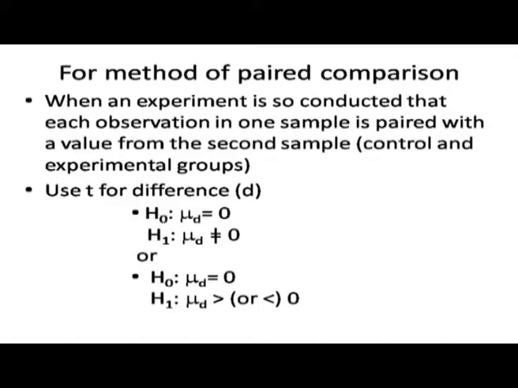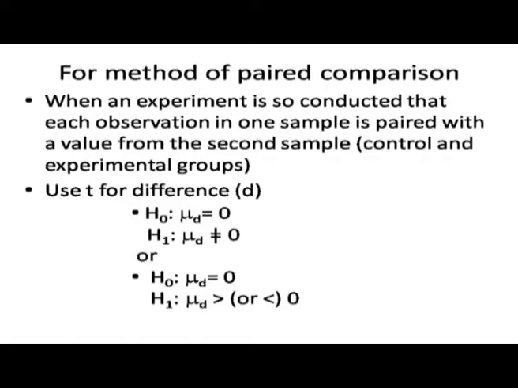You may have the same sample, and for each respondent or each subject, you have one reading before conducting the experiment and a second reading after conducting the experiment, or you can have control and experimental groups, and you are comparing whether the experiment makes any difference.